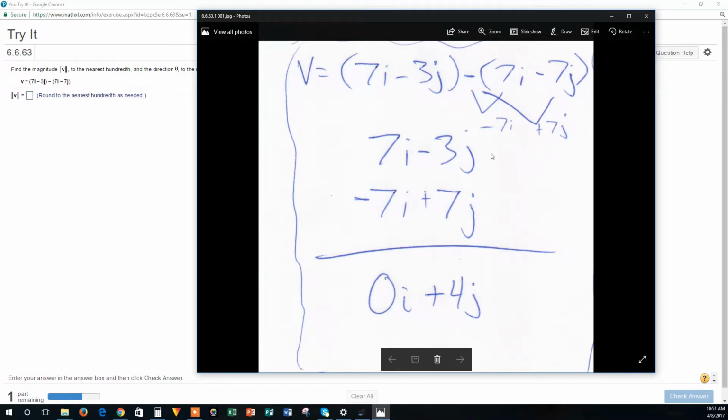I put the negative 7i under the positive 7i, and those cancel out to make 0i. The positive 7j goes under the negative 3j, which is 7 minus 3, so we get a positive 4j.